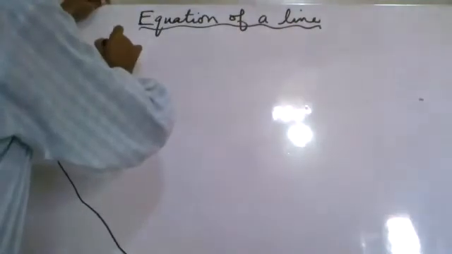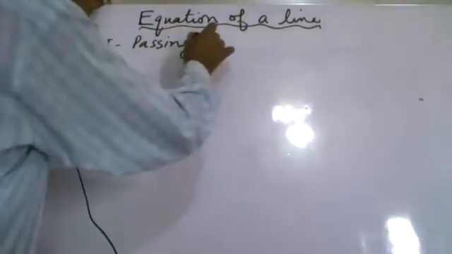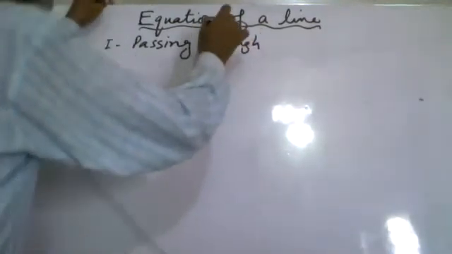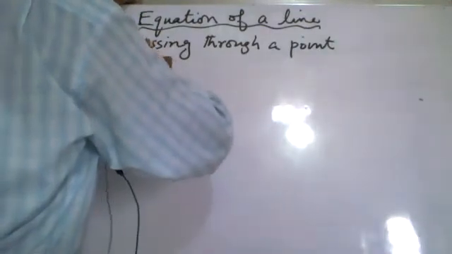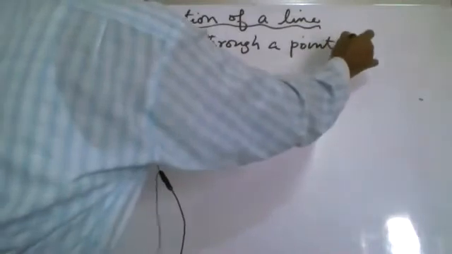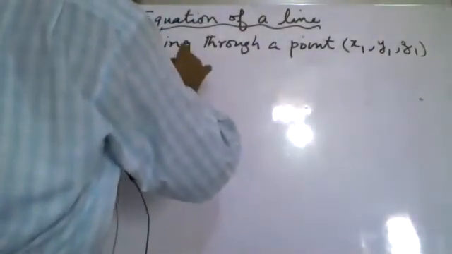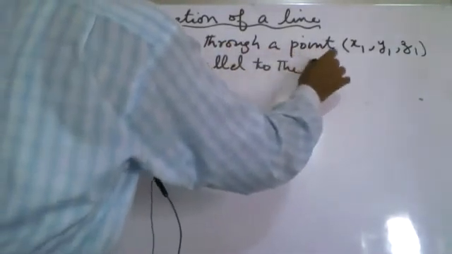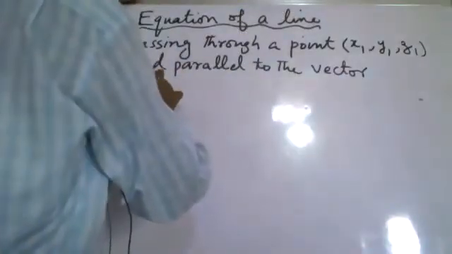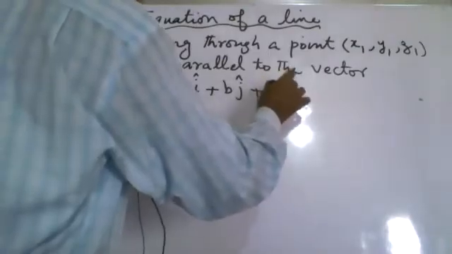The first case, passing through a point P, a point x1, y1, z1, and parallel to the vector v equal to ai plus bj plus ck.